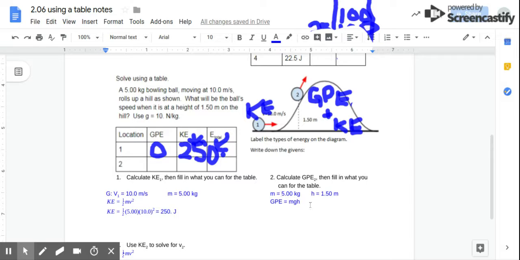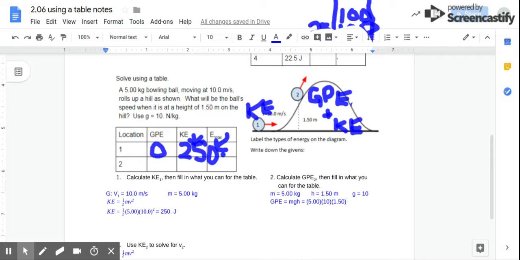So over here, we're going to set this up. We're going to say that's 5.00 times 10 times 1.50. I'm going to fill in a g equals 10. Okay, so I'm going to do 50 times 1.5.